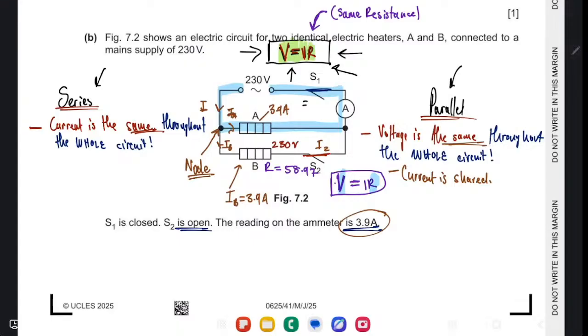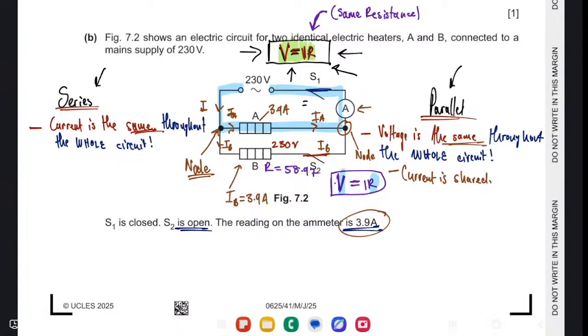And then at the second node, the currents will combine again and form the same value that was here. So this ammeter is getting the current after they combine again.